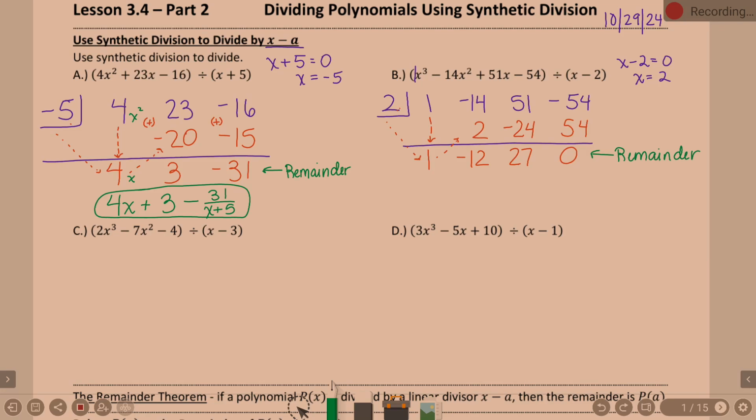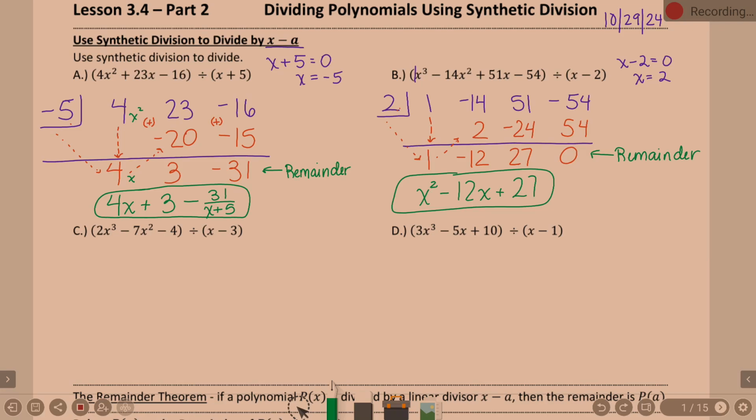1, negative 12, and 27 represent my answer. You've got to put your variables back in. 1x squared, negative 12x, and 27. Okay. Now, why did we start with x squared?